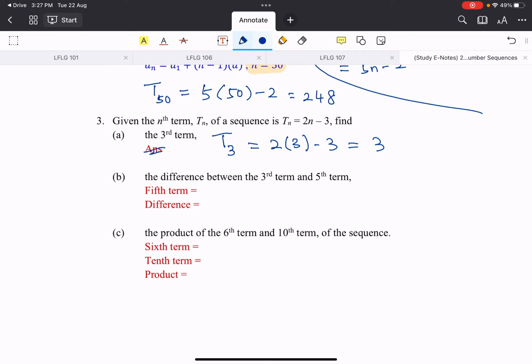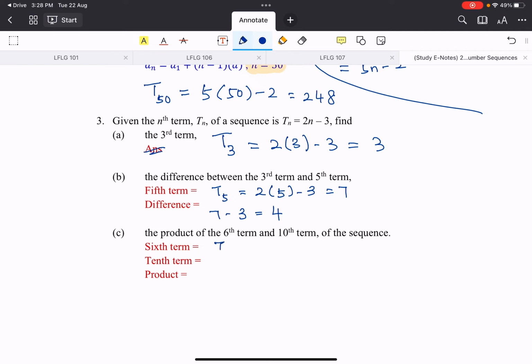And then they ask us to find the difference between the third term and the fifth term. So we got to find the fifth term, right? Fifth term is T5, which is 2 times 5 minus 3, which is equals to 7. Therefore, the difference is equals to 7 minus 3 equals to 4. And then they could also ask for the product. So all these words, we need to know the meaning. The product of the 6th and the 10th term goes like this.